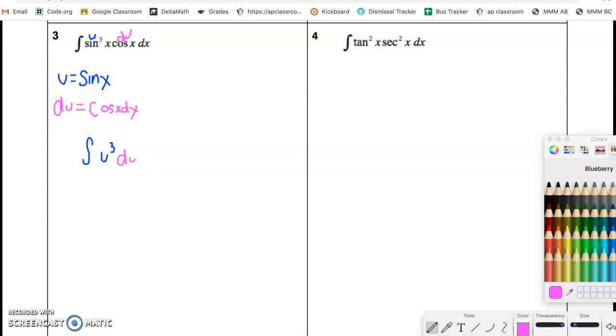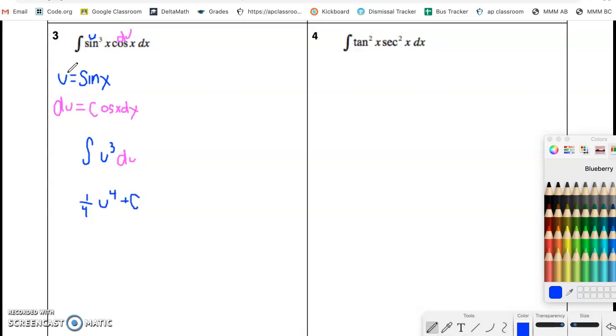So now, just doing that simple reverse power rule, I'm adding 1 to my exponent, and I'll get u to the 4th, and here, multiply by the reciprocal or divide by 4, so it'll be 1/4 u to the 4th plus c.